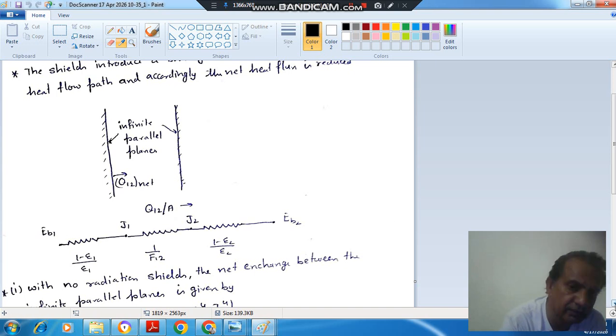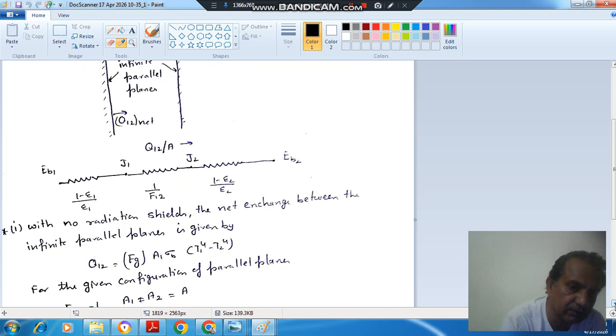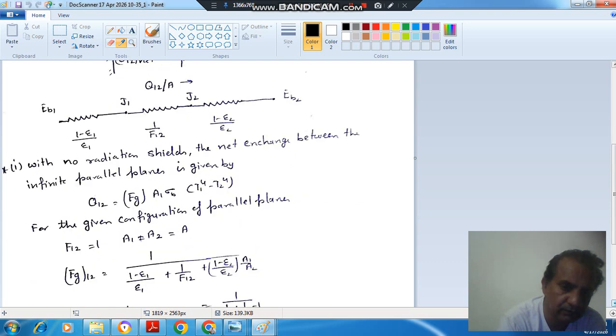So here the radiation heat transfer is given by Q12 equals F_g A1 sigma (T1^4 minus T2^4). T1 is the temperature of this plane and T2 is the temperature of this plane, and A1 and A2 are the same, so that is equal to A. And this F_g, or F12 bar, is given by 1 by the summation of these resistances.